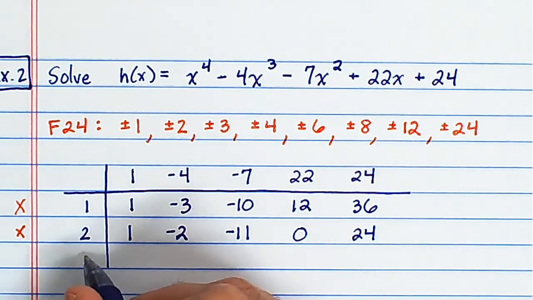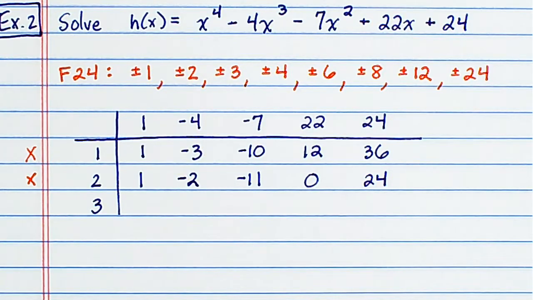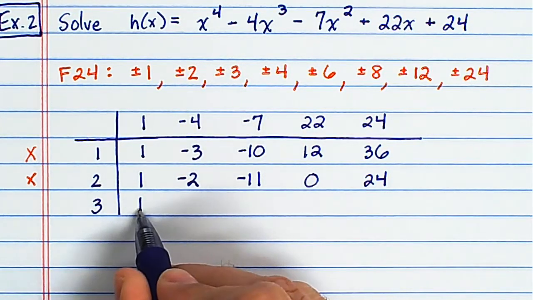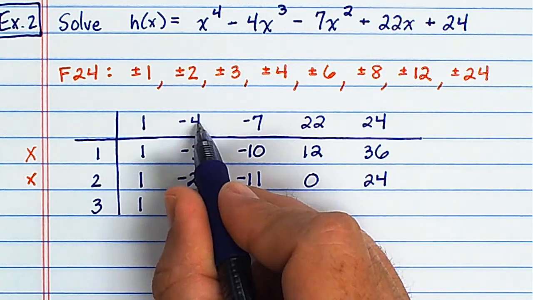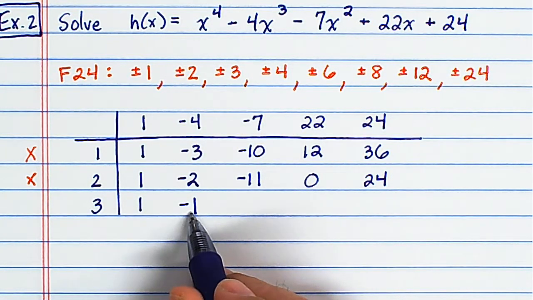And then I go to the next one, 3. Scoot that up a little bit. Drop the 1 down. 3 times 1 is 3. 3 plus negative 4 is negative 1. 3 times negative 1 is negative 3.